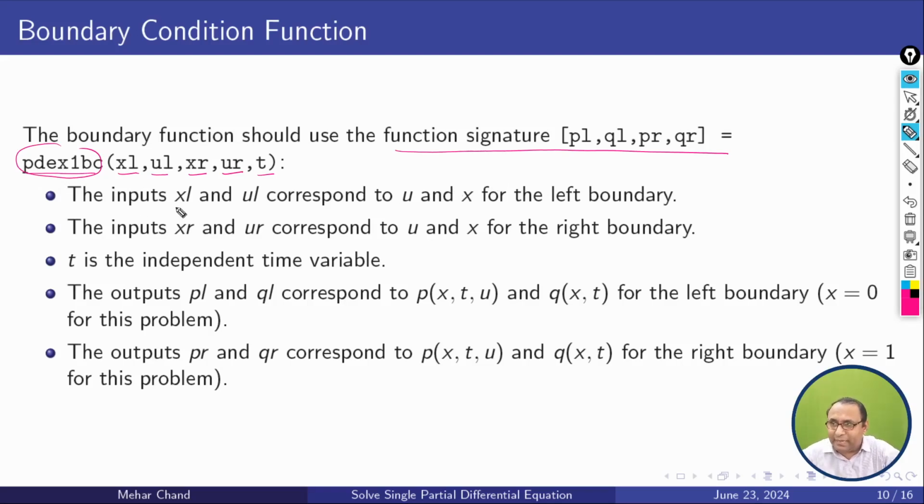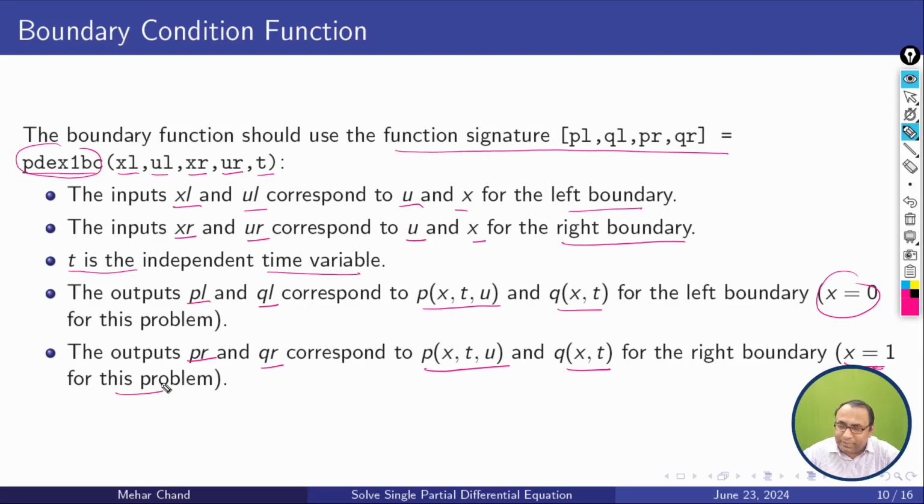So what are xl and ul? These are inputs corresponding to x and u for the left boundary. xr and ur correspond to x and u for the right boundary. t is the independent time variable. The output arguments pl, ql correspond to p(x,t,u), q(x,t) for x equal to 0, and the outputs pr, qr correspond to p(x,t,u), q(x,t) for the right boundary, x equal to 1 for this problem.